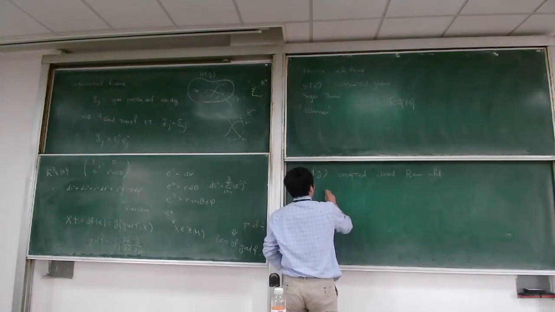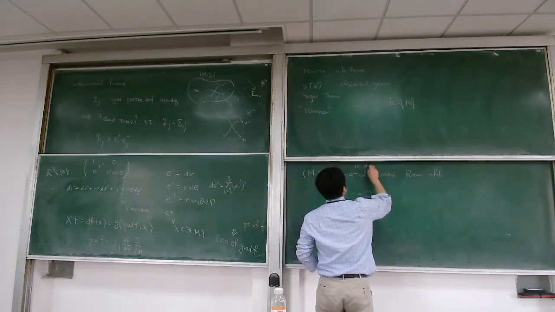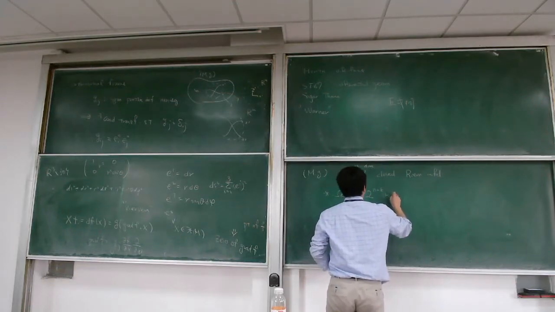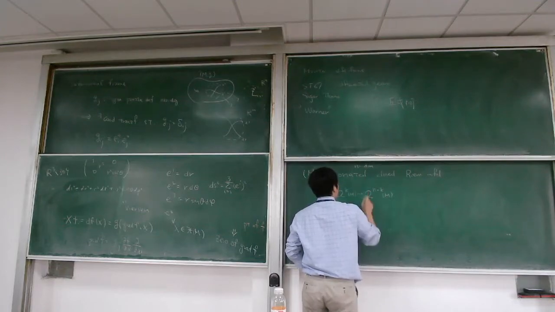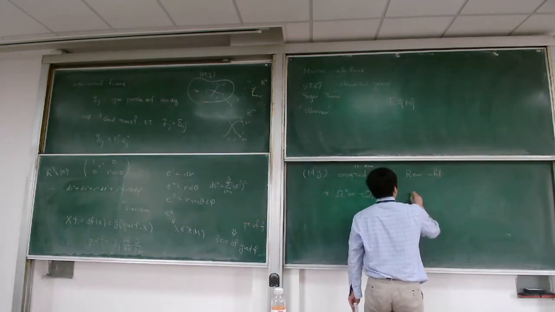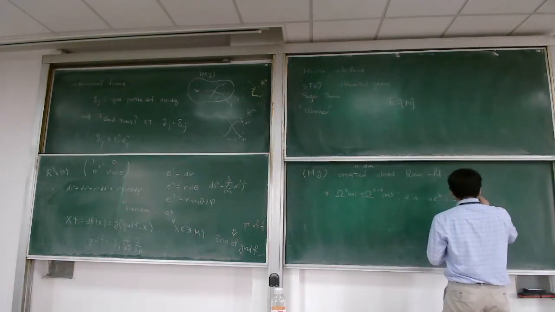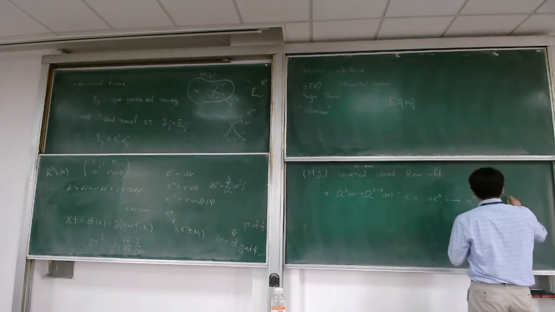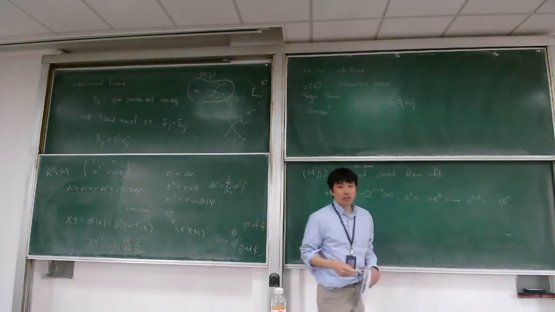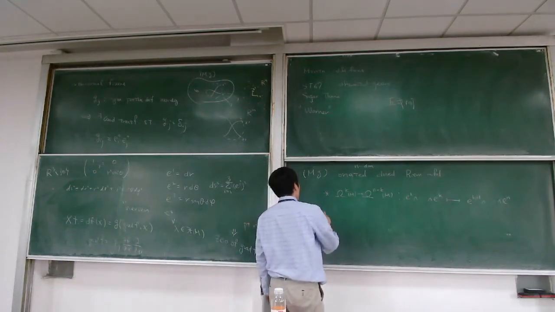So the Hodge star maps omega k to omega n minus k of M, in such a way that each basis e1 to ek is mapped to the complement of the differential form. This is called the Hodge star.